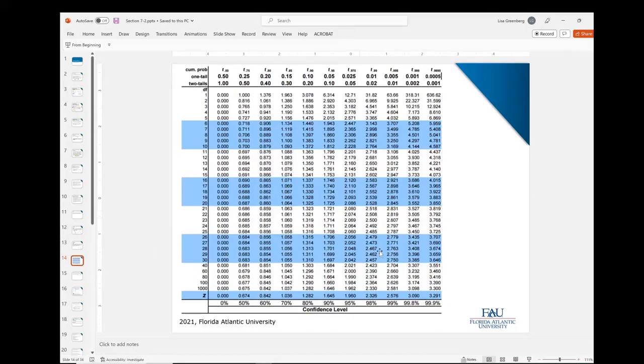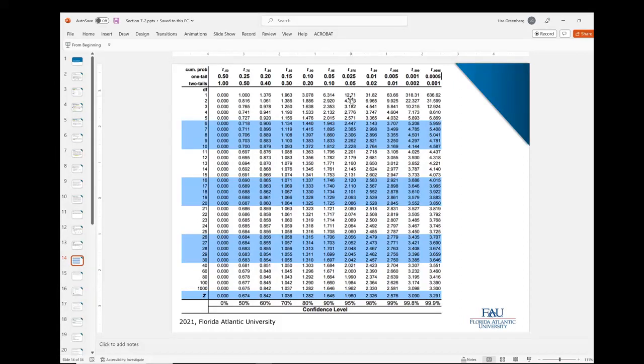So down here, notice we have our confidence levels. If you wanted 95%, these are the most standard, 90, 95, and 99. But here's our 95. And if we go up here, notice if we want just one tail, which is the right tail, we would use 0.025.